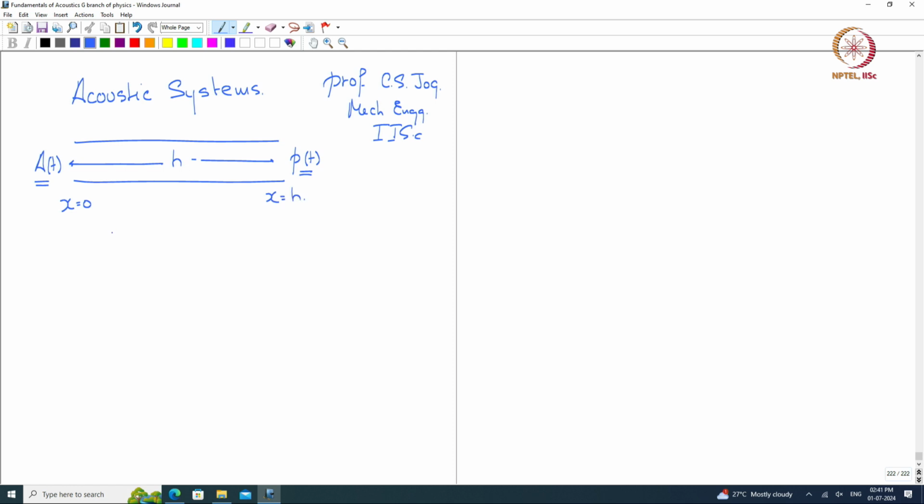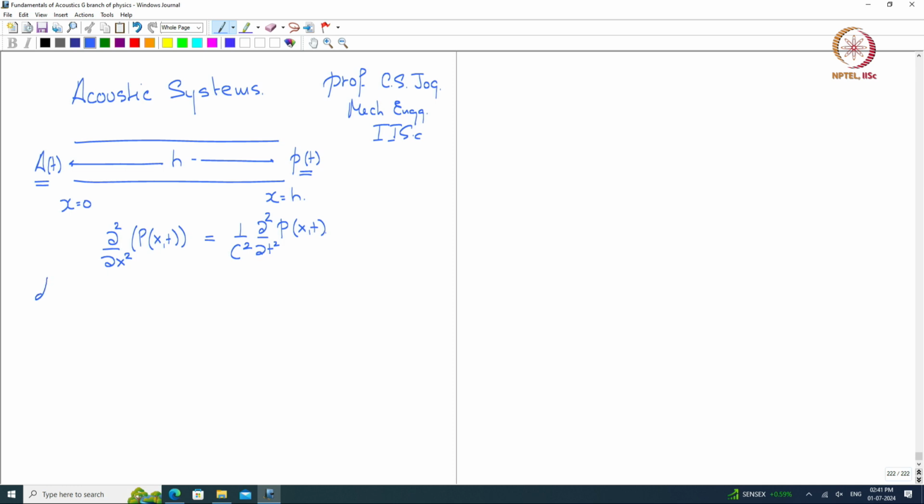Okay. Now if I have del 2 by del x squared, p of x comma t is equal to 1 over c squared del 2 by del t squared, p of x comma t.